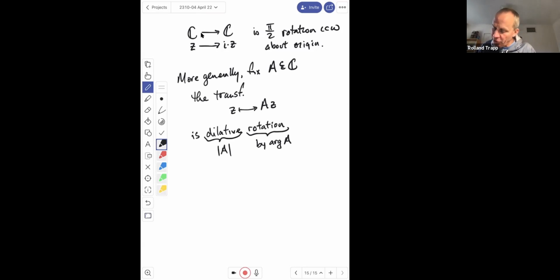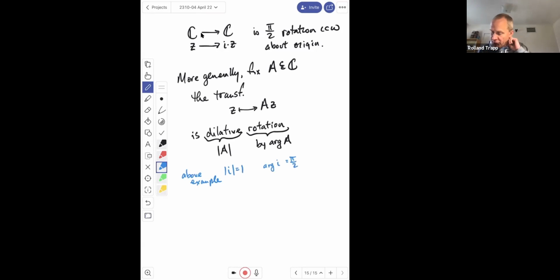So in the case that we just looked at in the above example, the modulus of i is just 1. So there was no dilation. You weren't stretching away from the origin. And the argument of i was pi over 2.